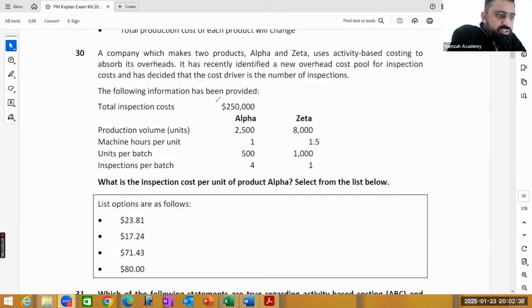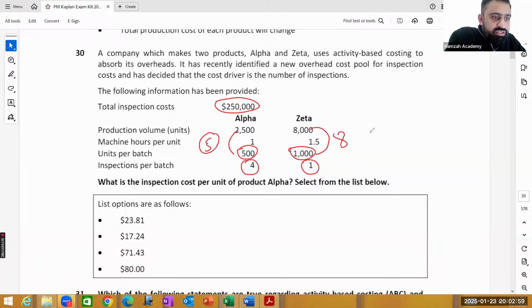The cost pool is inspection cost, and this is the total cost. And the cost driver is the inspection per batch. And these are the products you produce per batch. So for alpha, you need 5 batches, and for beta, you need 8 batches.